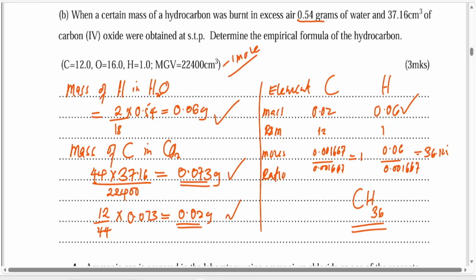The method is very correct, but this is not the answer that we could have obtained whenever we are looking for an empirical formula. This does not exist. Therefore, it is unrealistic. But the method is very correct. There was a typing error in the question. Probably the volume of carbon dioxide that was given was wrong. Let's move to the next question.